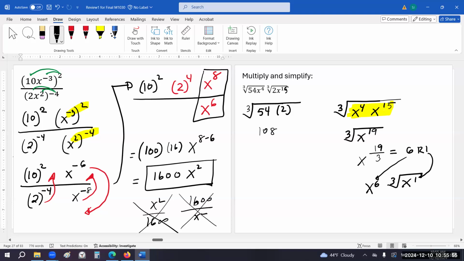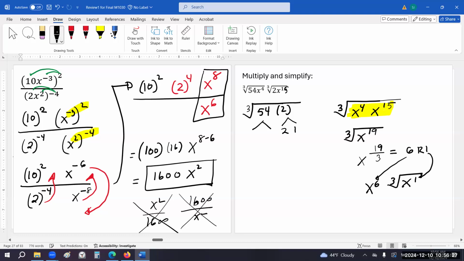What is your goal? Try to get the biggest number that you can cube out of 108. That's why multiplying doesn't help you, because you need to divide anyway. So instead of multiplying and working with a big number, look what happens here.